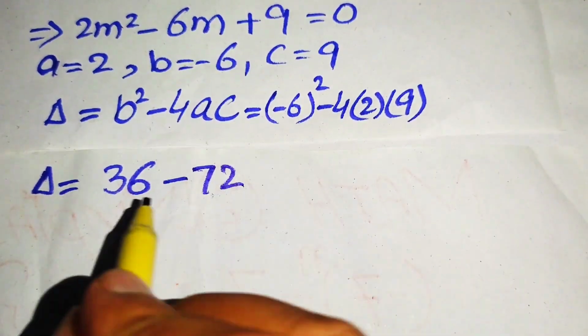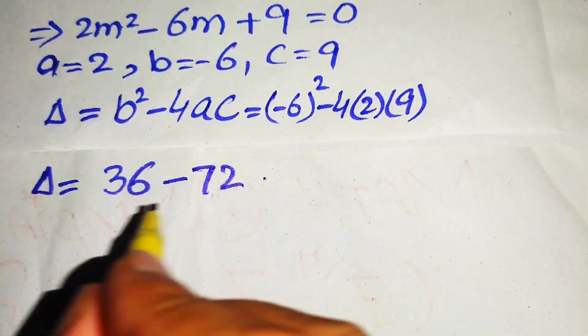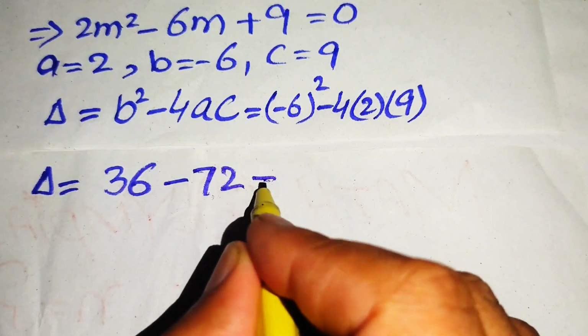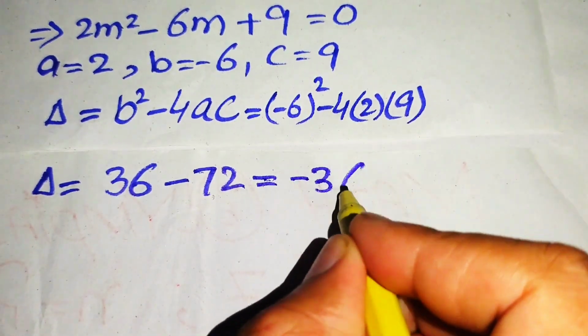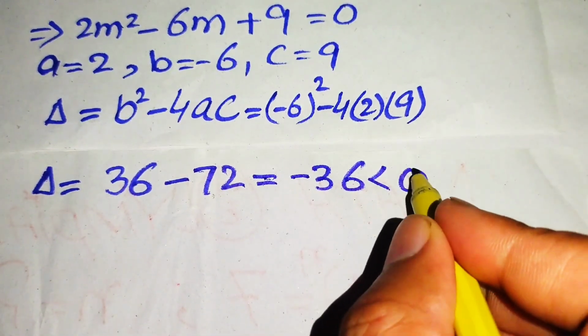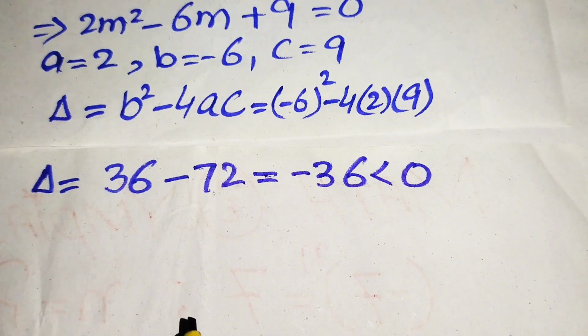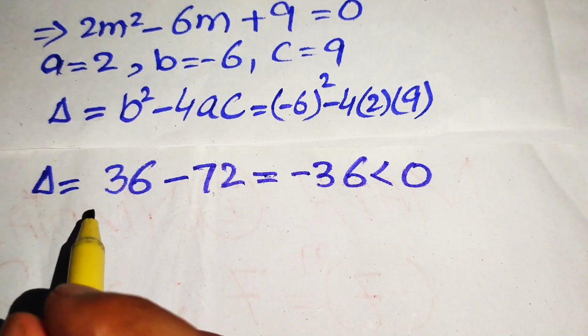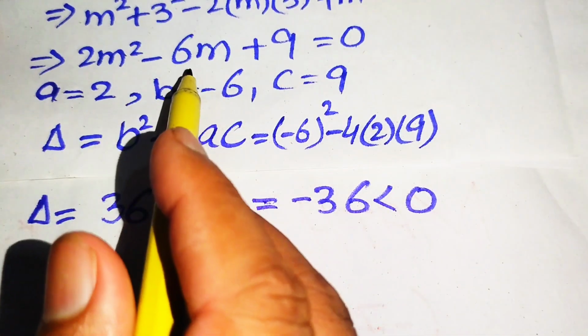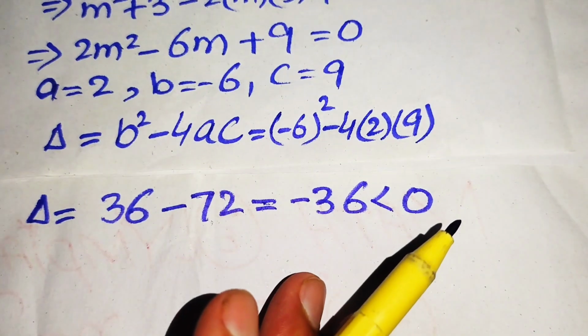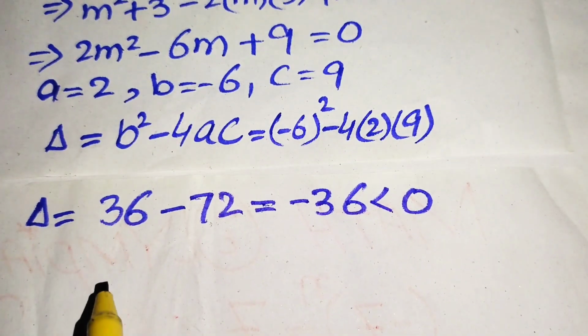So we subtract 36 minus 72, and it is minus 36. This shows that our delta is less than 0, and we know that if delta is less than 0, this quadratic equation has no real roots, or it has complex roots.